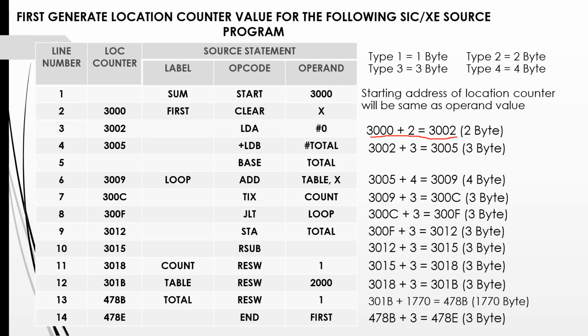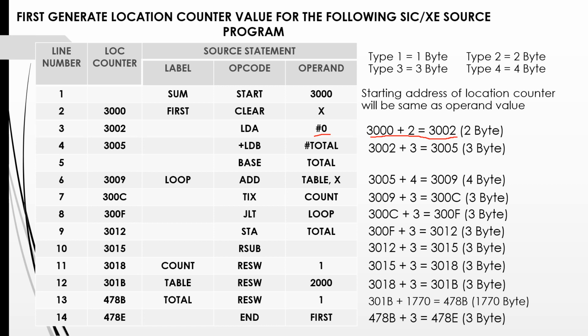The 3002 is the location counter for LDA. Then for LDA, we have the operand as #0. For #0, it is neither a register nor does it have the plus. So we will use the type 3 instruction. So we will add the location counter 3002 plus 3 bytes, that is 3005.